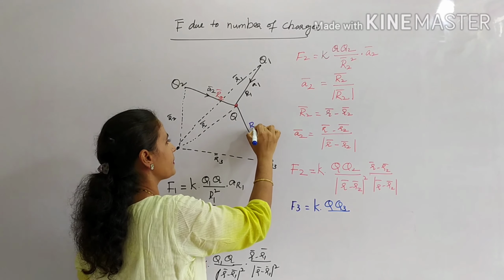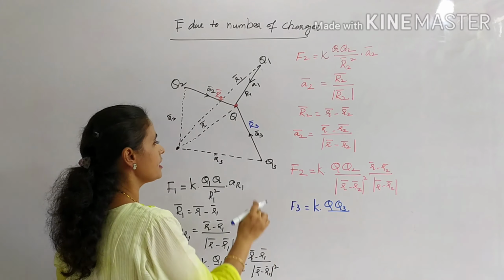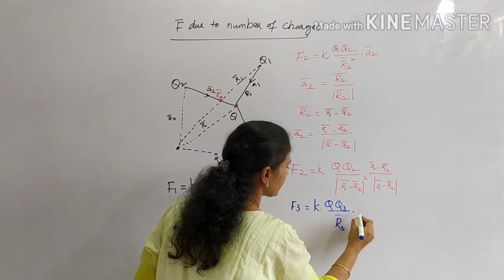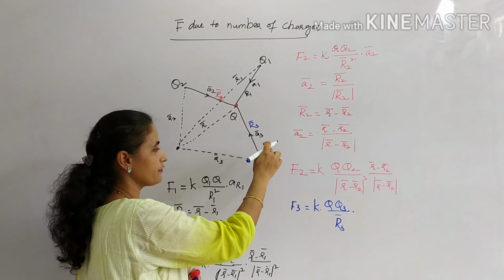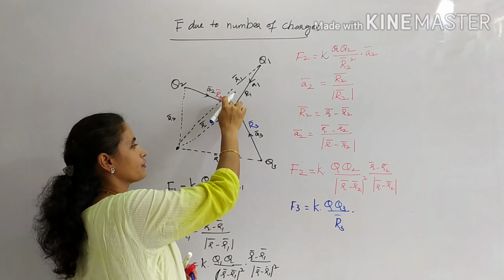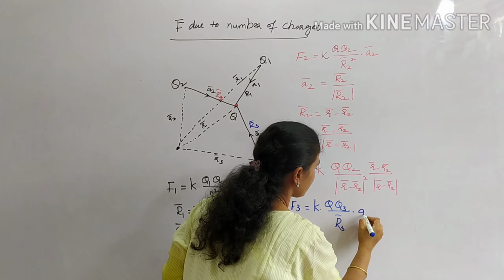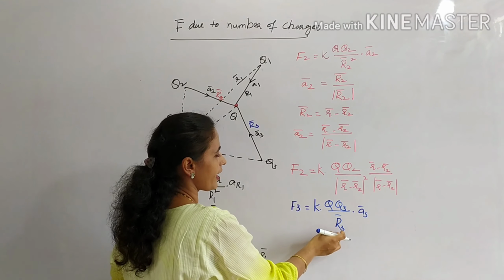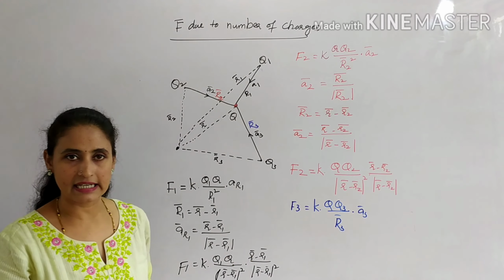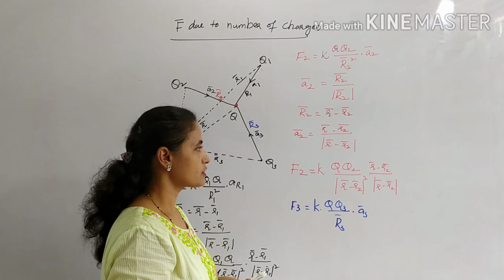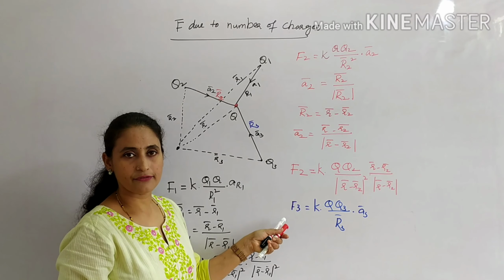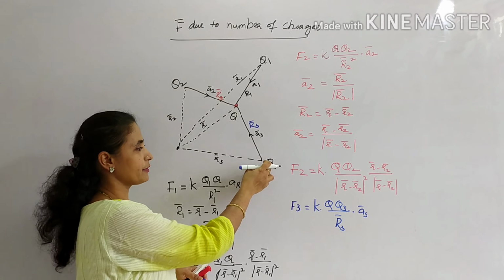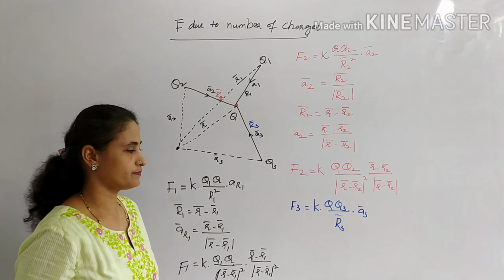Let the distance vector from Q3 to Q be R3 bar, into the unit vector radiating the force from Q3 to Q, given by A3. Now let us find these two values and substitute, and we will get the vector form of the force F3, which is the force produced by Q3 on Q.